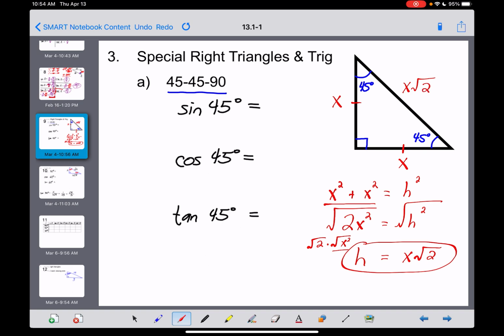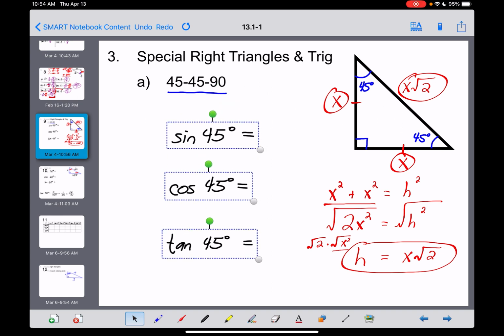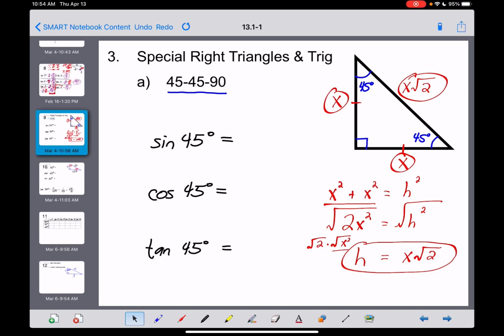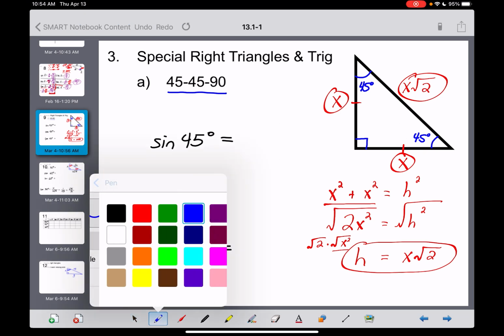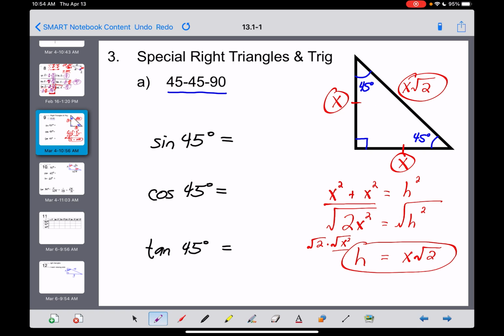So these three numbers here, guys, x, x, and x root 2, that's something that you guys are going to have memorized pretty quickly for the side lengths in a 45-45-90 right triangle. And a lot of your homework then is going to be dealing with that. And I'm going to give you guys some practice at that a little bit later on. But for now, let's go ahead and talk about answering these three questions here. How does trigonometry relate to this special right triangle?